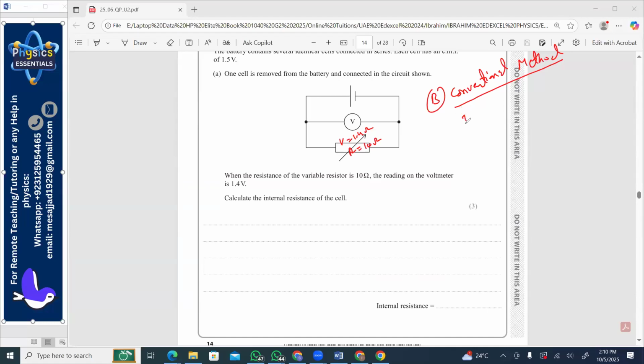In series, you know current is the same. So you just write I equals V over R. V was 1.4 and R is 10. And from here, the answer is going to be 0.71 amperes.